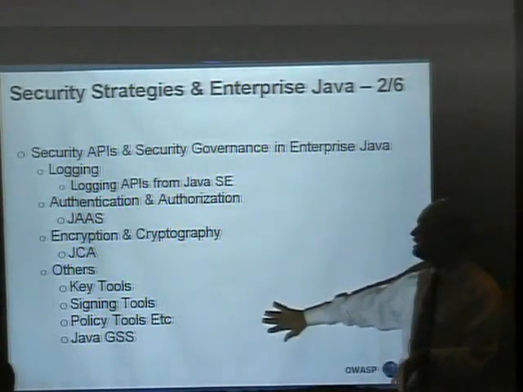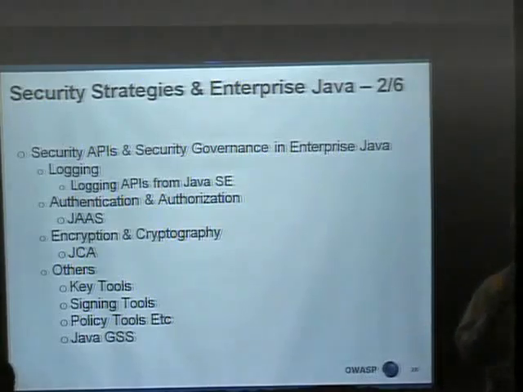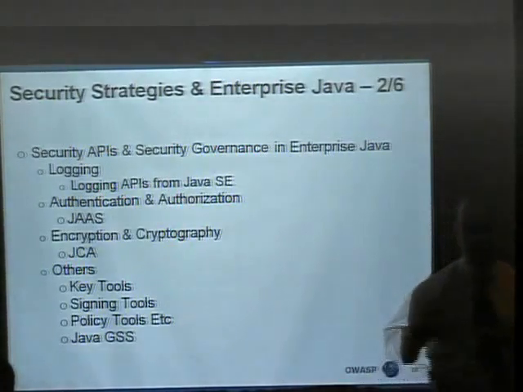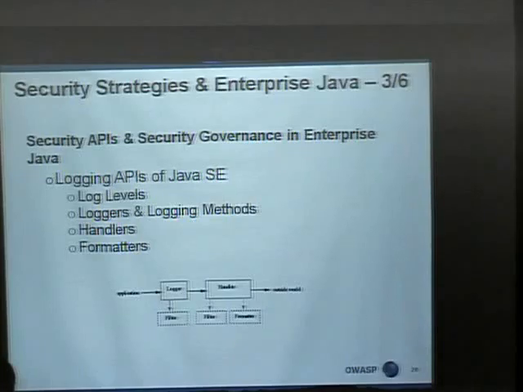And also Java EE provides along with it a set of tools, a toolkit, which is going to enable you to probably do the key management or signing or enforcement of the policy and so on and so forth. Okay.